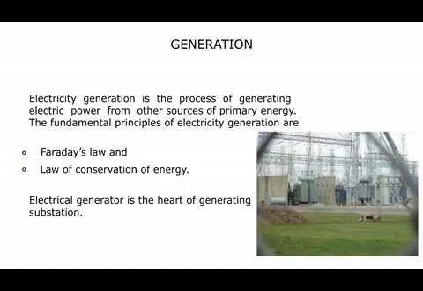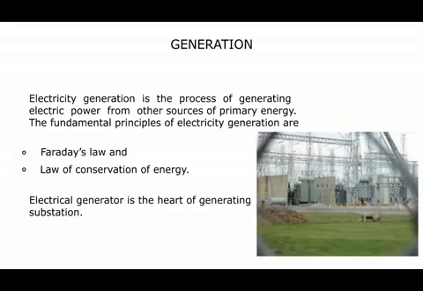The law of conservation of energy states that energy can neither be created nor be destroyed. It can only be transferred or converted from one form to another. The electrical generator is the heart of a substation. A generator converts mechanical energy to electrical energy.